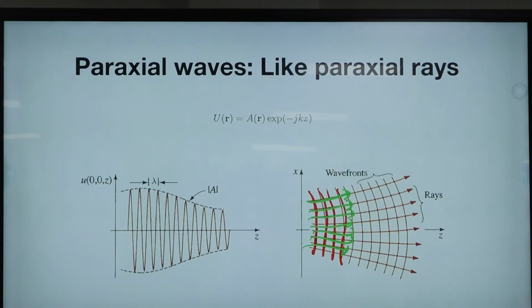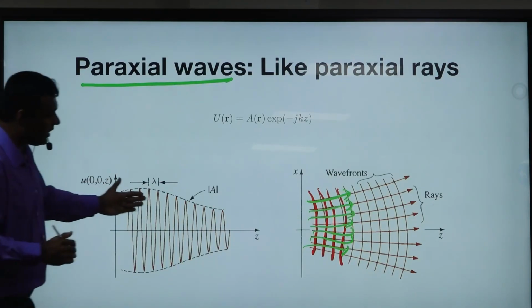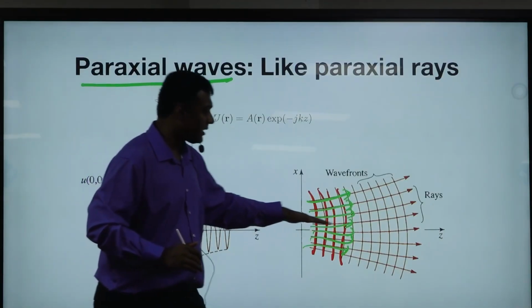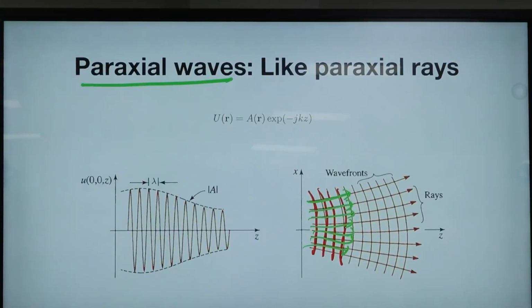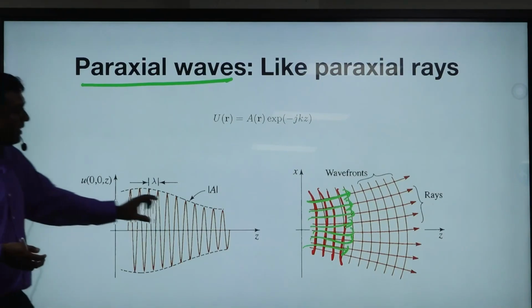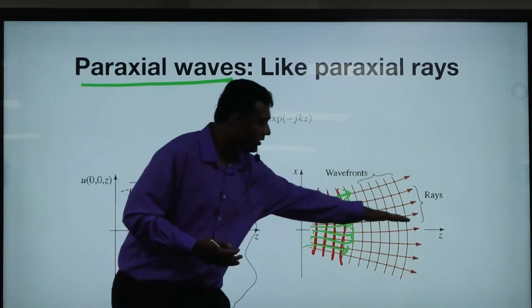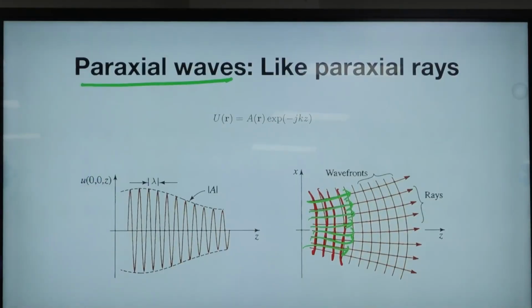And the other thing is the rays which are very close to the z-axis, close to the optical axis. Remember from last time we had the lens equation, and we said that the lens equation is only correct when the rays are traveling very close to the z-axis. So paraxial waves means the wavefronts are almost perpendicular to the z-axis.